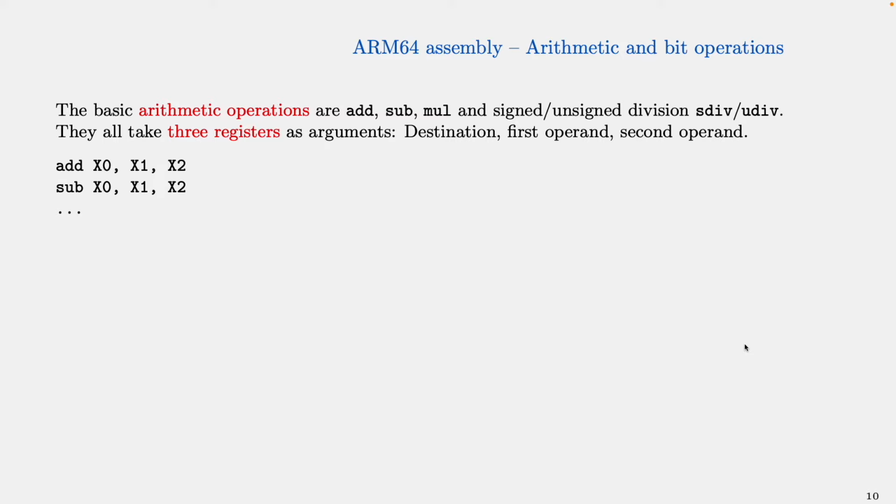We also have the usual arithmetic operations in our assembler: adding, subtracting, multiplying, and dividing, where we have both signed and unsigned division. And the scheme is the same for all of them. So we have 3 registers as arguments. The first one is the destination register, the second one and the third one are the operands.